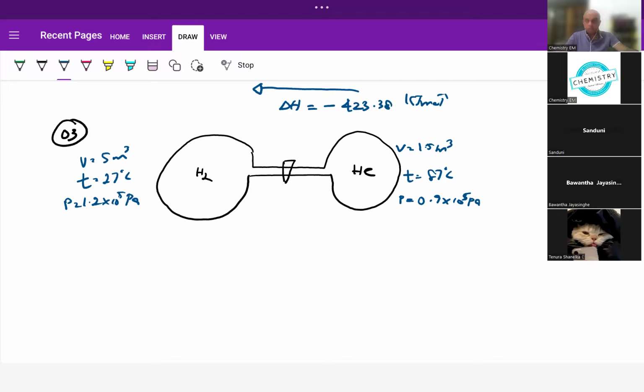Okay. First question. The tap between the two containers is opened.